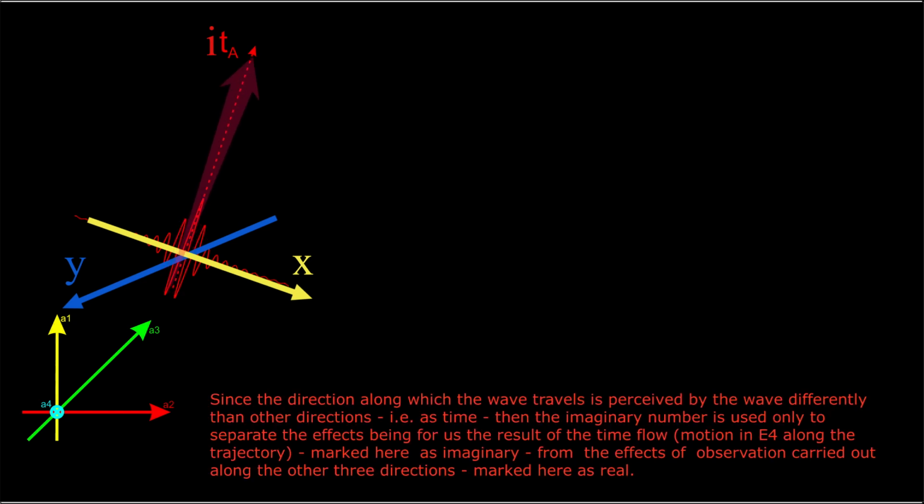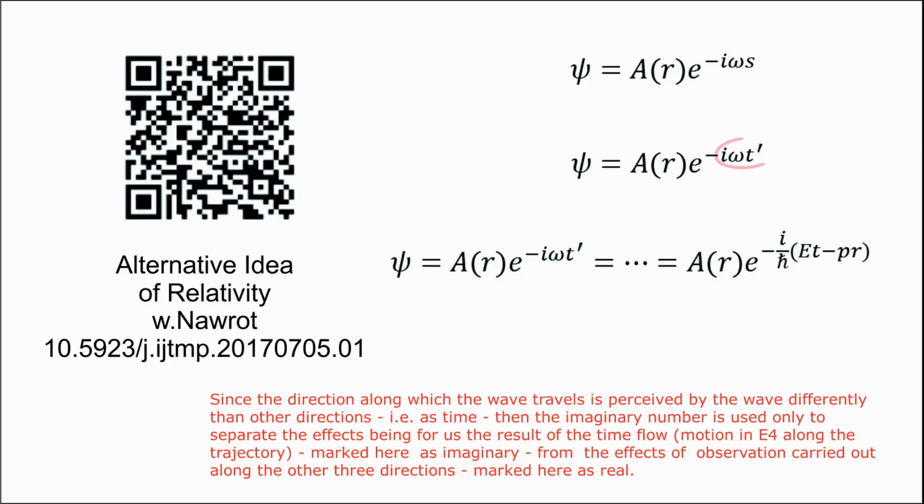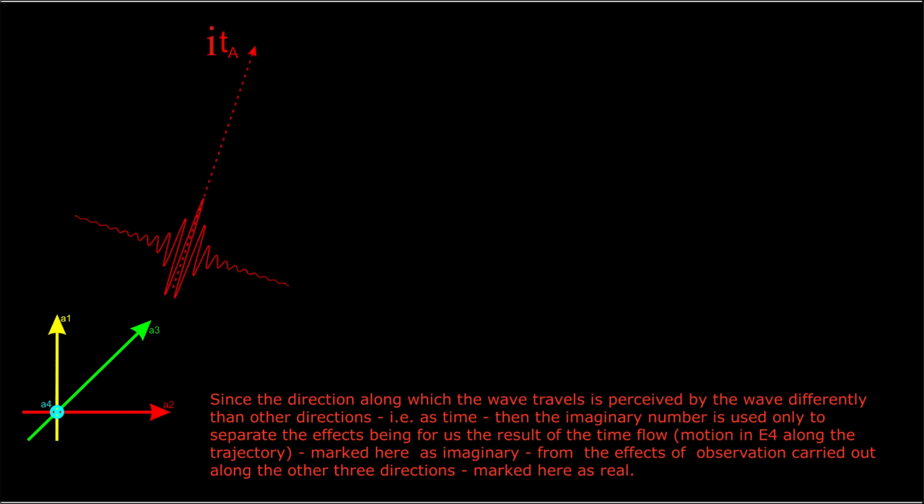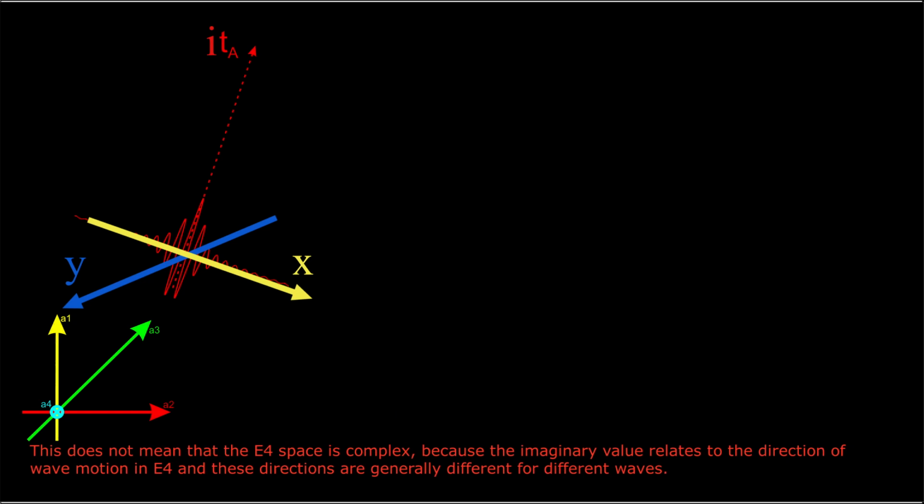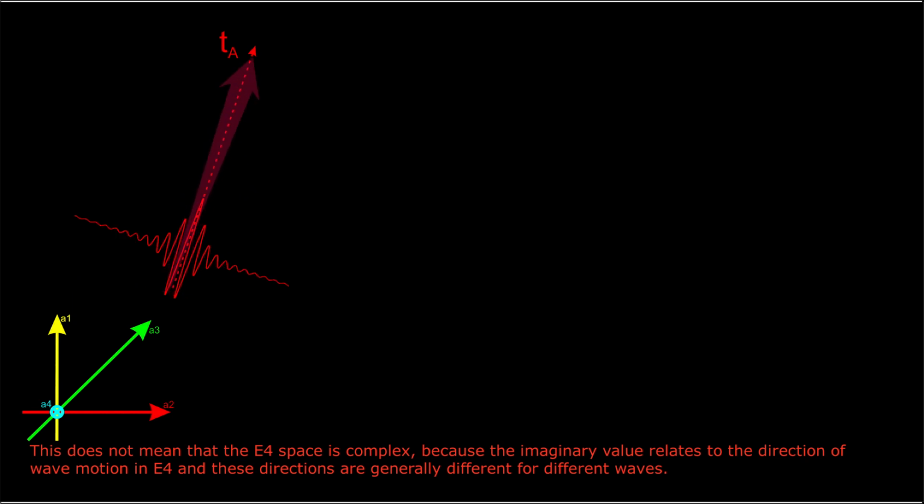Since the direction along which the wave travels is perceived by the wave differently than other directions, i.e. as time, then the imaginary number is used only to separate the effects being for us the result of the time flow, motion in E4 along the trajectory, marked here as imaginary, from the effects of observation carried out along the other three directions, marked here as real. This does not mean that the E4 space is complex, because the imaginary value relates to the direction of the wave motion in E4, and these directions are generally different for different waves.